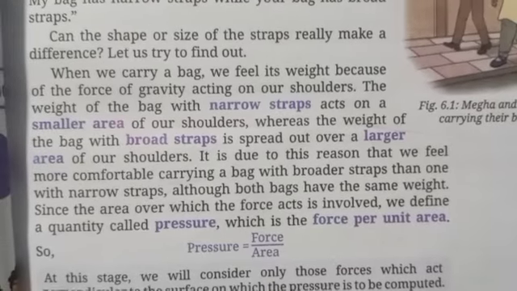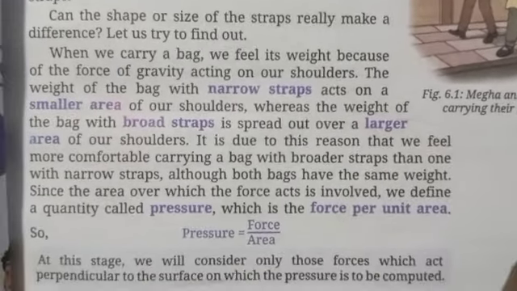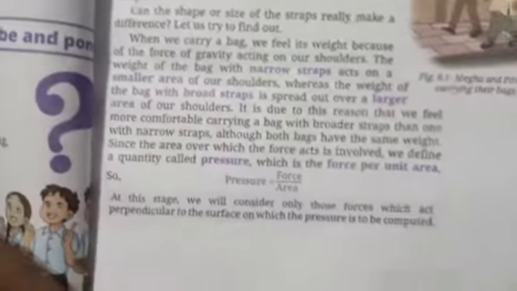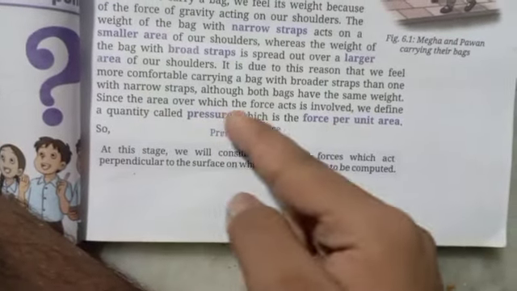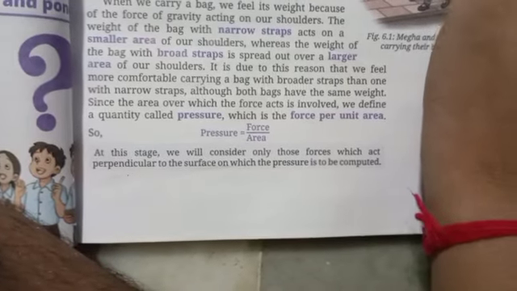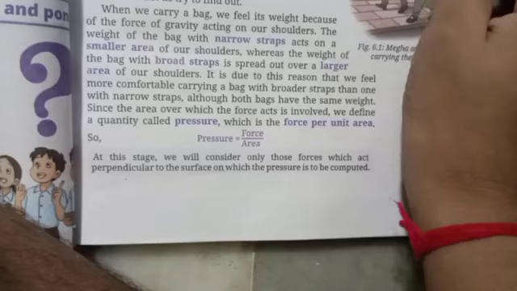It is due to this reason that we feel more comfortable carrying a bag with broader straps than narrow straps. Although both bags have the same weight, the area over which the force acts is different. To account for this, we define a quantity called pressure, which is force per unit area.